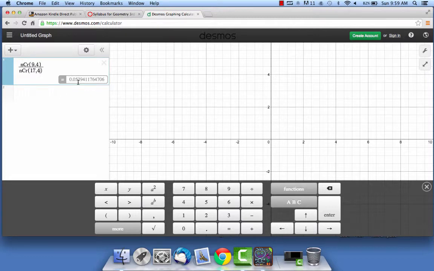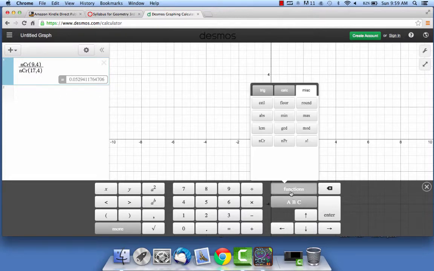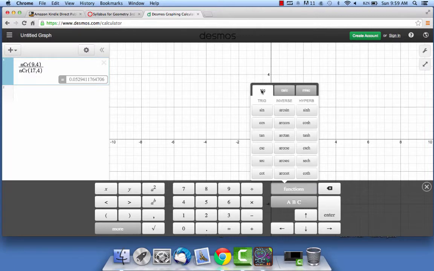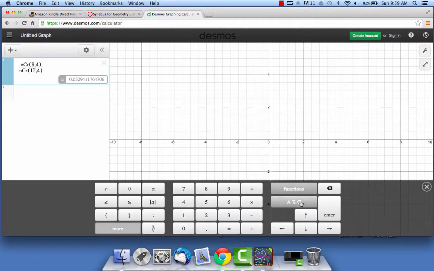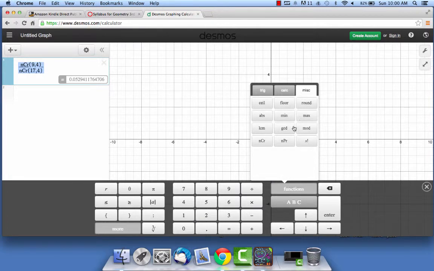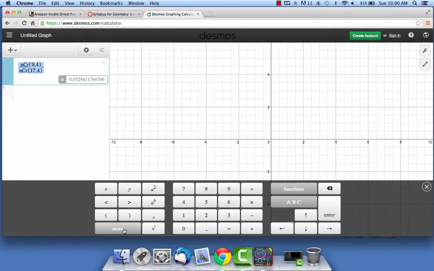Okay, so it doesn't give you the fraction, however. So I don't see any way for this to make this exact.